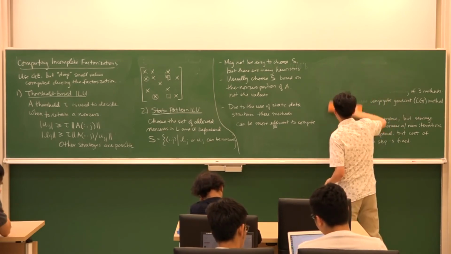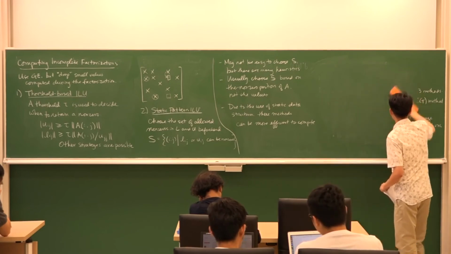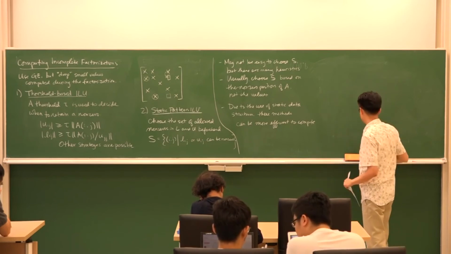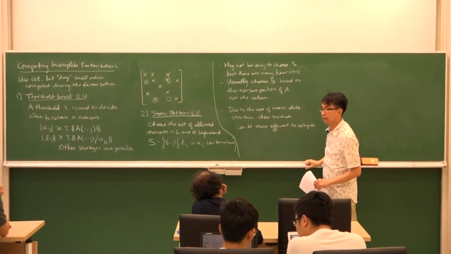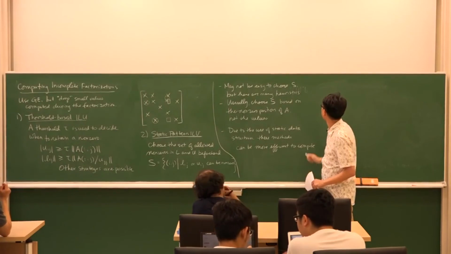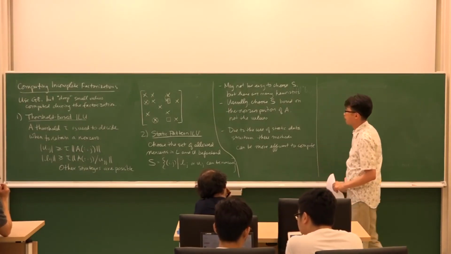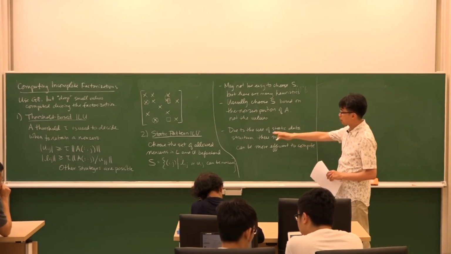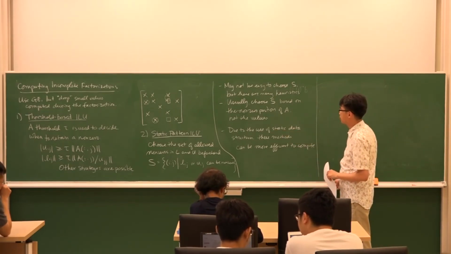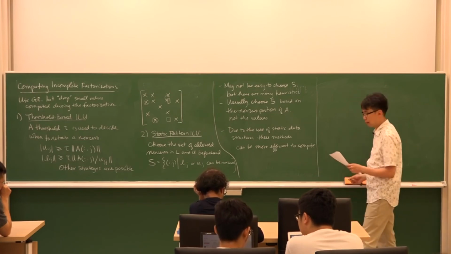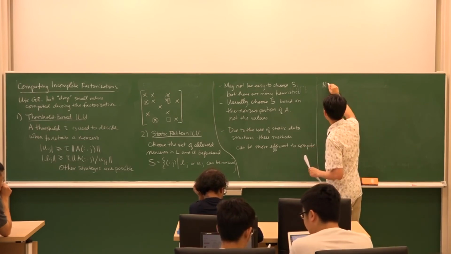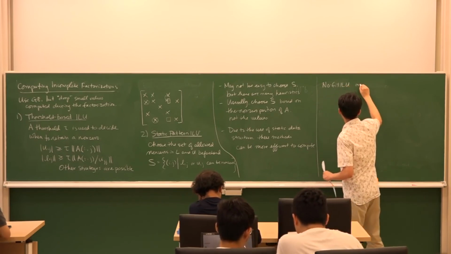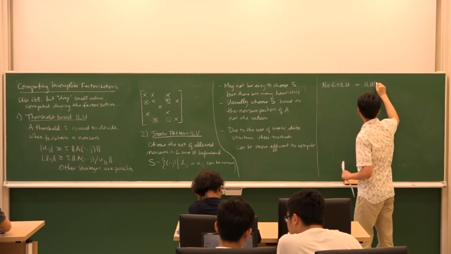Now I'll give a couple options for how to choose S. So among the static pattern ILU methods, the easiest way of choosing the sparsity pattern S is something called no-fill ILU, also called ILU 0.